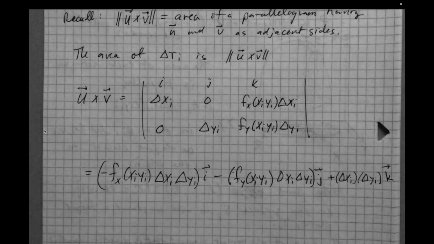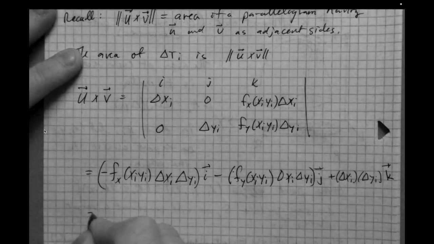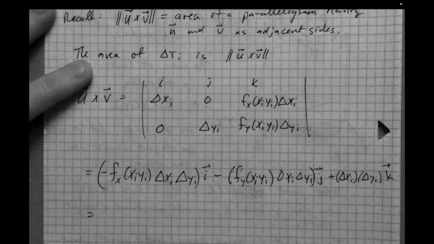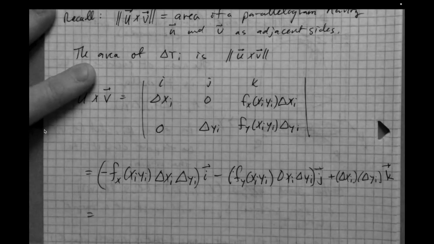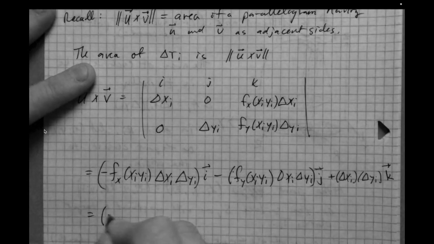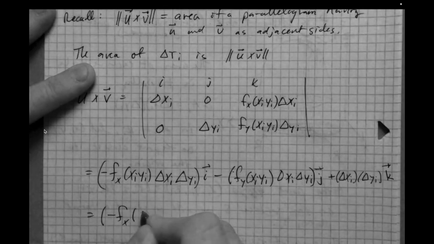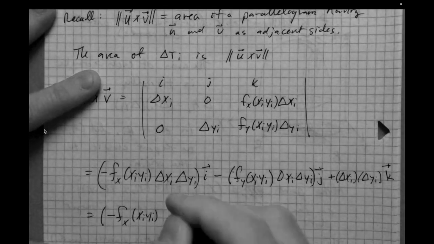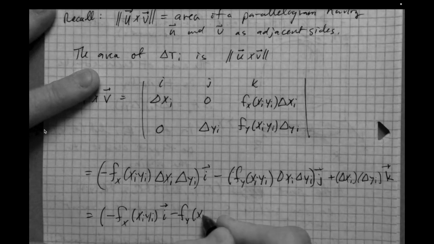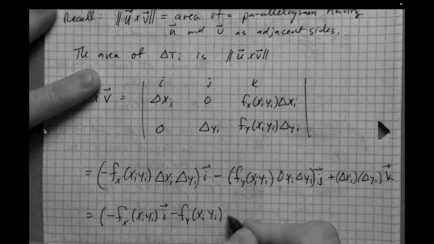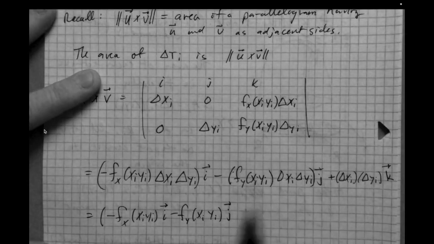Okay, and so we can simplify this somewhat. Basically, we can factor a delta xi delta yi out of each of the terms. A simpler way to write this would be negative f sub x at (xi, yi) times the i vector, minus f sub y at (xi, yi) times the j vector, and then plus just k.